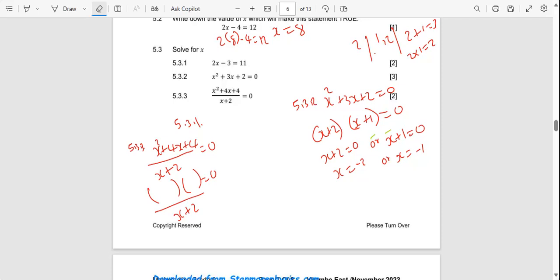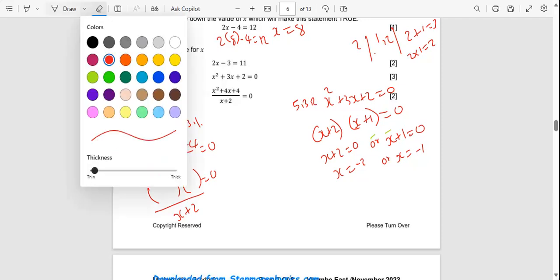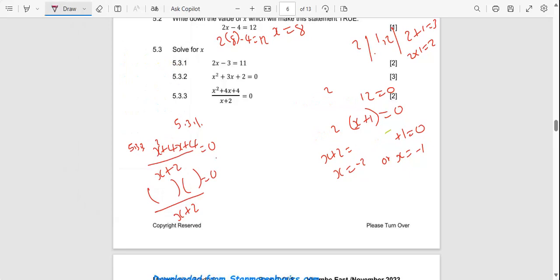Let's look for the factors of 4. What are the factors of 4? 1 and 4, 2 and 2. Two numbers, when we multiply them, they must give me 4, and when we add them, they must give me 4.